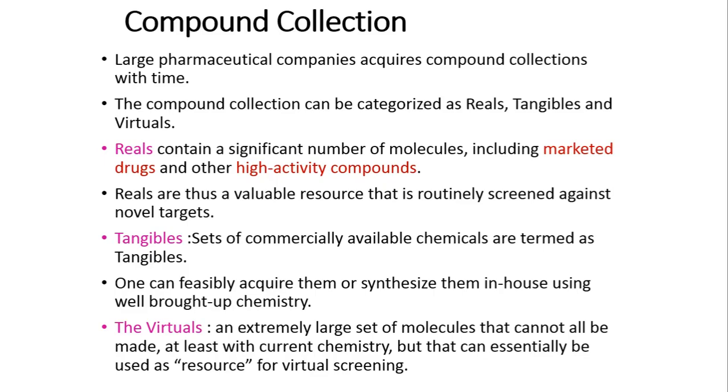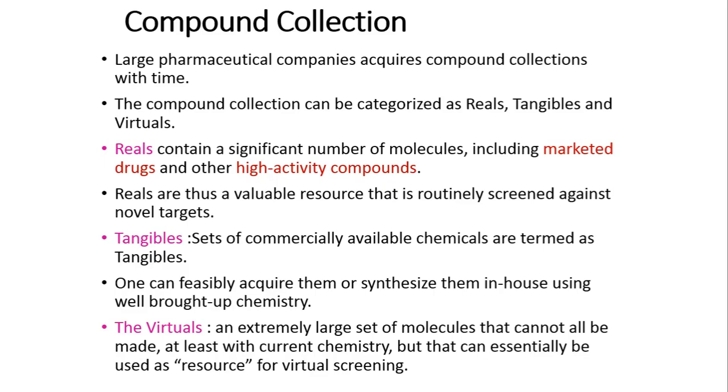With whatever chemistry and synthetic procedures we have standardized so far, it becomes very difficult to synthesize this set of compounds. But they can essentially be used as a resource for virtual screening in order to obtain novel chemical scaffolds that can be tried out by synthesizing them, and maybe trying them out on novel drug targets.